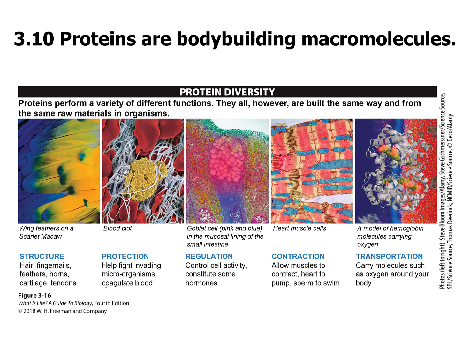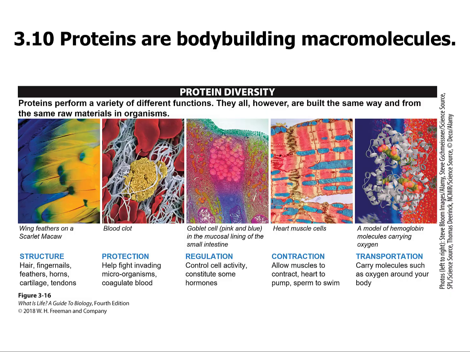So we try to deal with all the different things these arrangements of amino acids can do. We break them up into these things that we observe: structure, protection, regulation, contraction, and transportation are different functions. And then we have examples of each of these, millions of them that do these sorts of things.